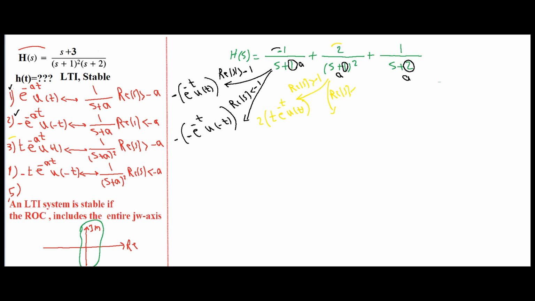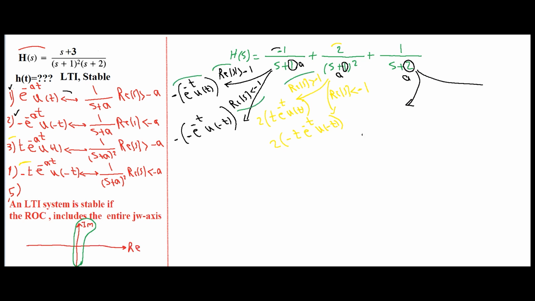If real s is less than minus 1, the inverse Laplace transform becomes 2 times minus t e to the power of minus t u(minus t). Finally, the third fraction also corresponds to points 1 and 2. So, depending on whether the real s is greater than minus 2 or less than minus 2, its inverse Laplace transform is obtained accordingly.